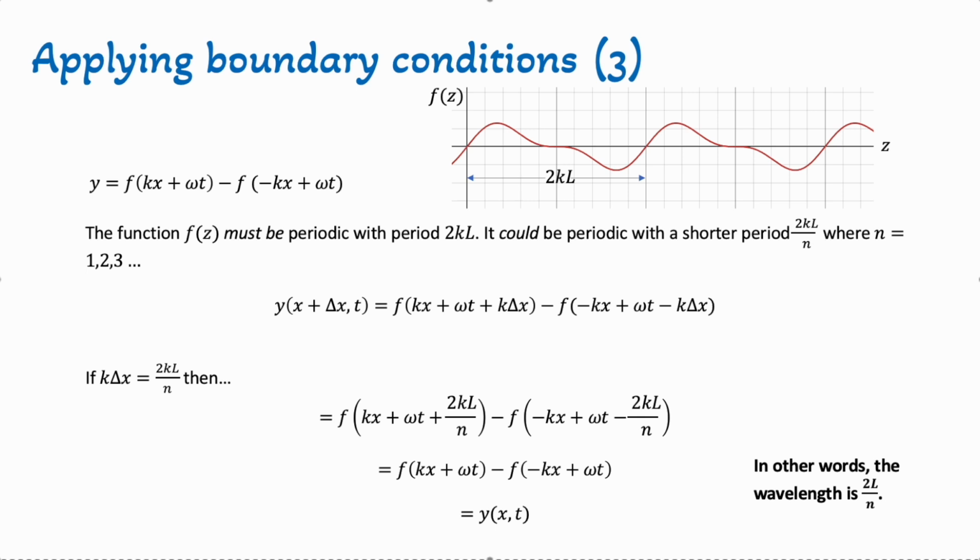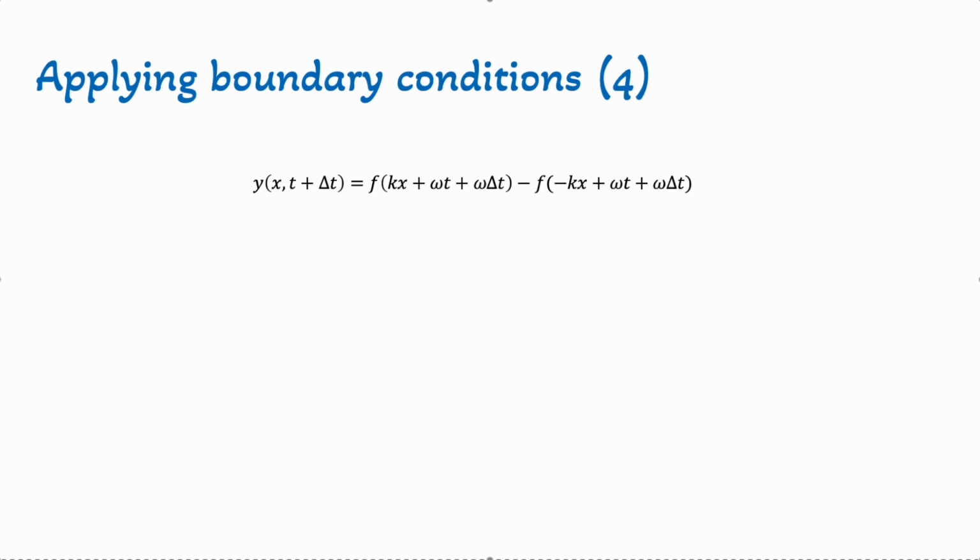Now we can do exactly the same thing, but applying what we know to the time dependence of y. Instead of moving on x and keeping t the same, we're going to keep x the same. We're going to look at one point on the string and ask, how does it change when you move on time by an amount delta t? Well, you shift this by plus omega delta t, and you shift this also by plus omega delta t.